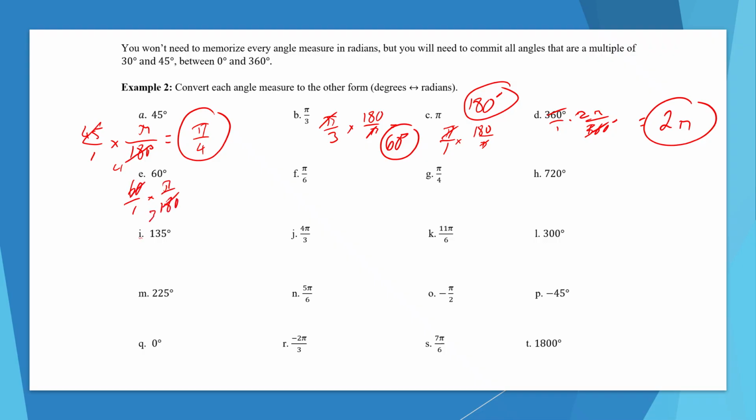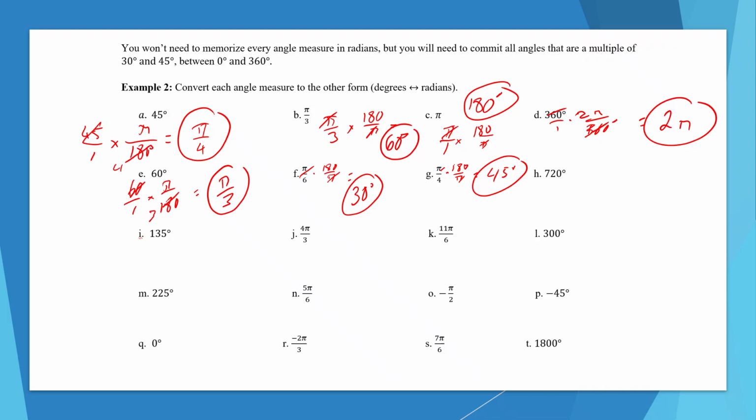This will cancel out to be 3, so we should be left with pi over 3 there. Pi over 6 times 180 over pi. This will cancel out, and we are just left with 30 degrees.